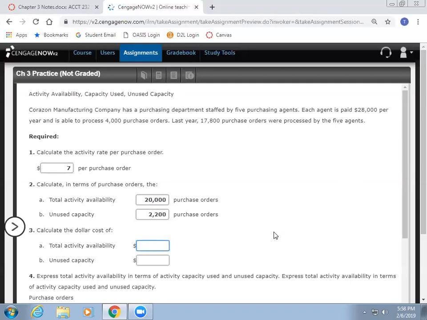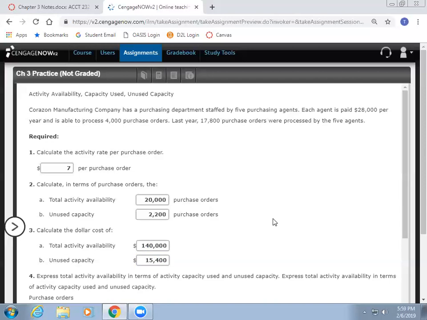You truly just take that 20,000 times the $7. Okay. And how about my unused capacity? 15,400. Very good. So 2,200 purchase orders times $7, 15,400. So basically, we're paying 15,400 in salaries of unprocessed purchase orders, if that's all these people do. So I guess that's our assumption, right?